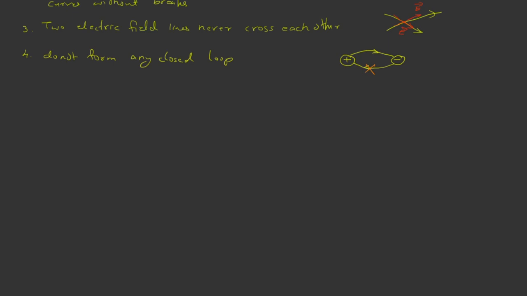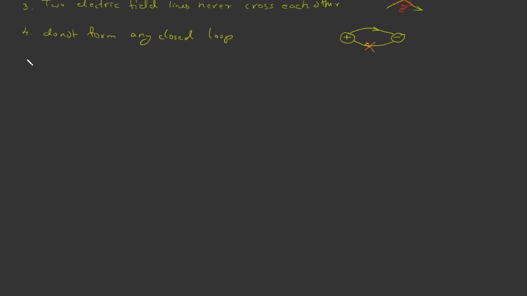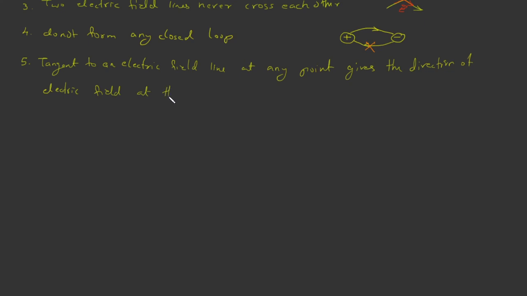The fifth property is that the tangent to an electric field line at any point gives the direction of the net electric field at that point.